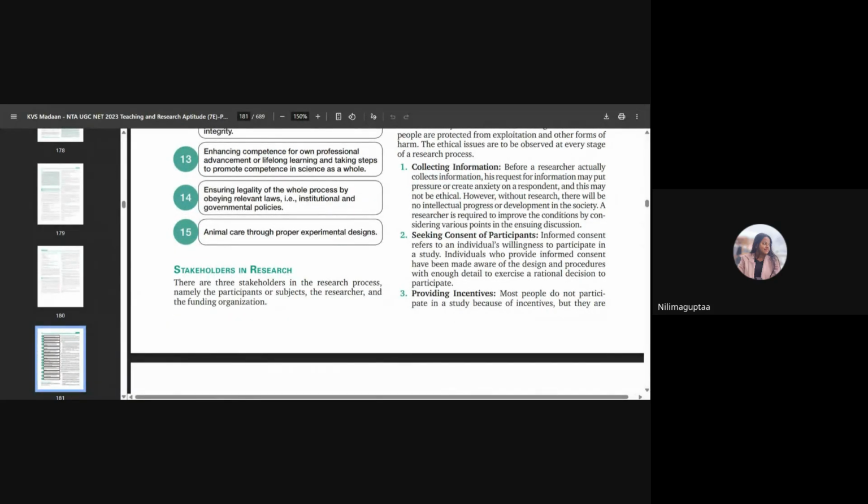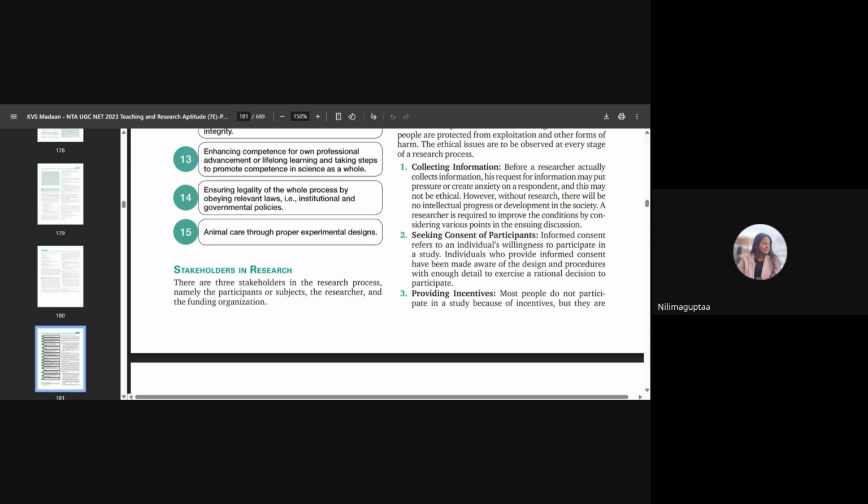Then there are certain things we have to maintain at every step while doing research, starting with how we collect the information. Many times it has been observed that people bribe others to fill in research forms or be participants in a certain research. Even that is ethically wrong. Before a researcher collects information, the request may put pressure or create anxiety on the respondent, because the respondent knows that every activity is going to be observed.